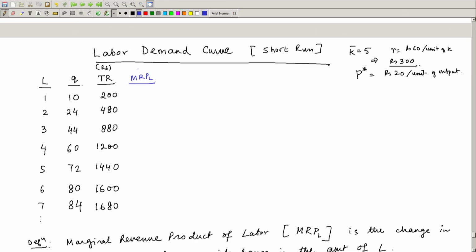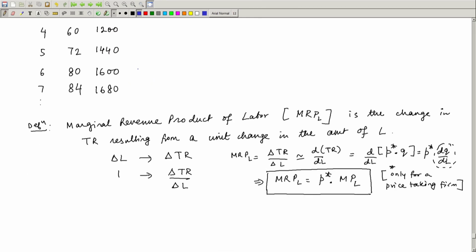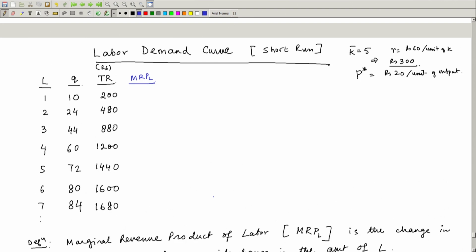The units in which I am measuring marginal revenue product of labor is change in revenue resulting from a change in labor input. Change in revenue is rupees, change in the amount of labor is hours. So, this is measured in rupees per labor hour. These are the units in which I am measuring the marginal revenue product of labor.